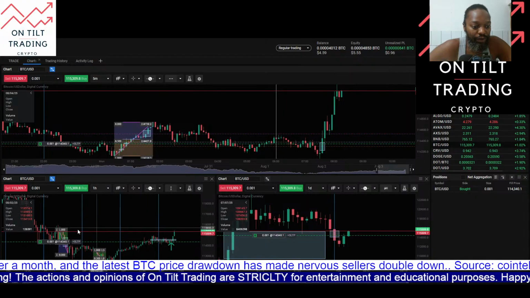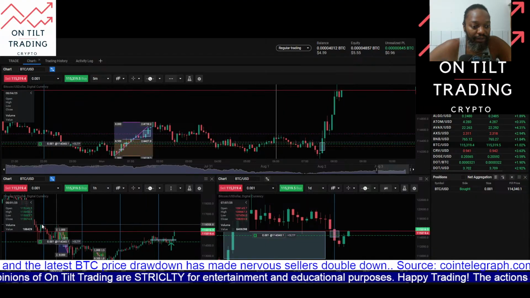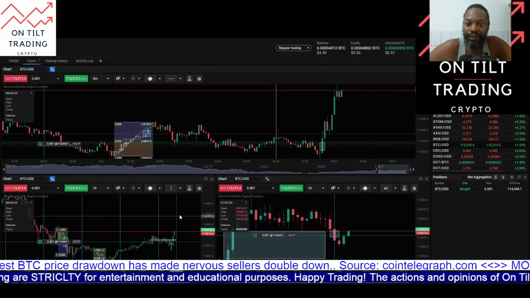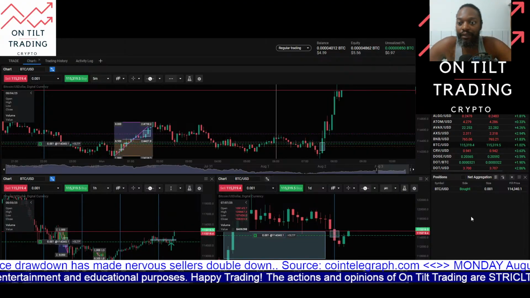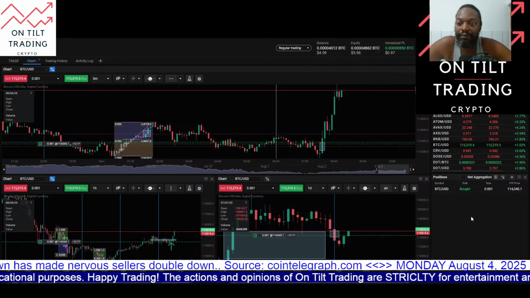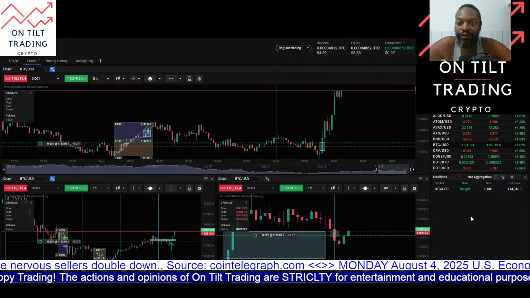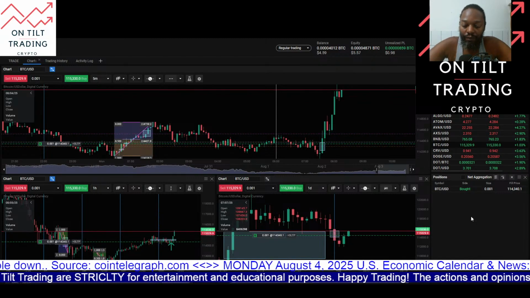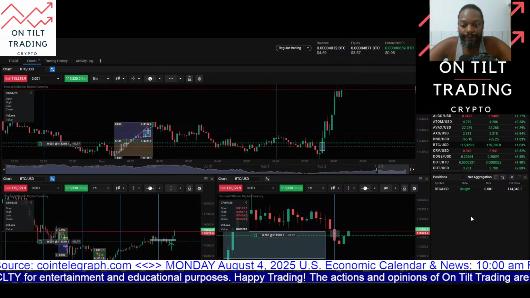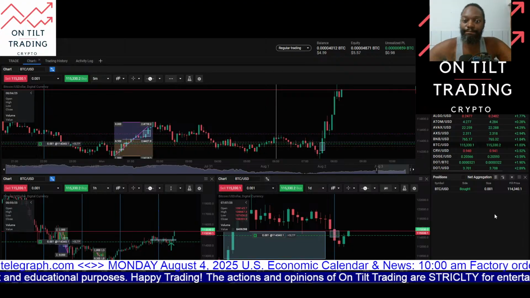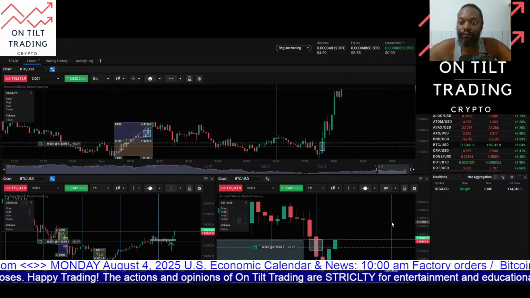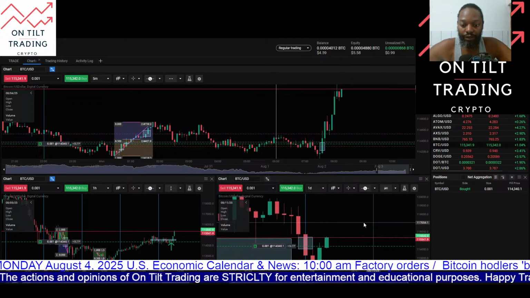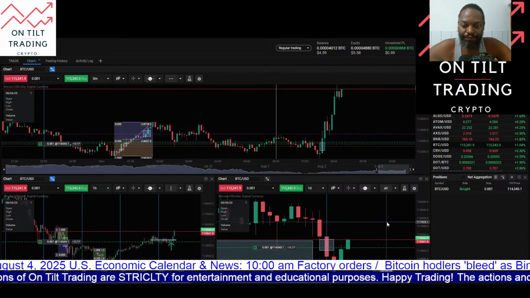If all goes well, we'll get a sweep and a raid of this buy-side liquidity resting up here. And getting a bit more buy-side delivery now. Price trading at 115.320. Also trading with small size here.